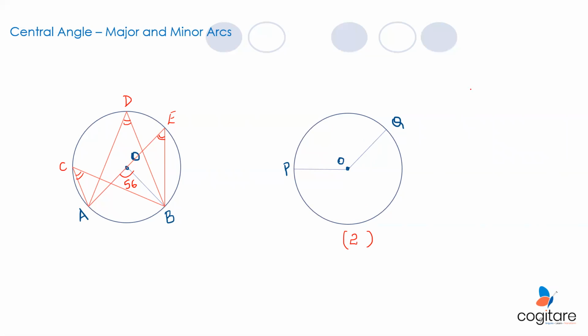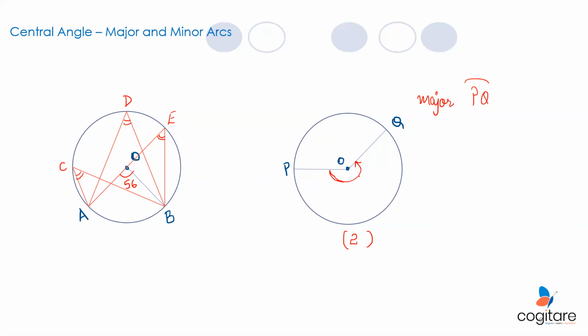Now let's look at the second circle. Here I'm talking about the arc PQ. When we talk about a central angle of an arc, the central angle can be that of the minor arc or the major arc, right, guys? What if I'm talking about the central angle of the major arc, which is clearly a reflex angle?